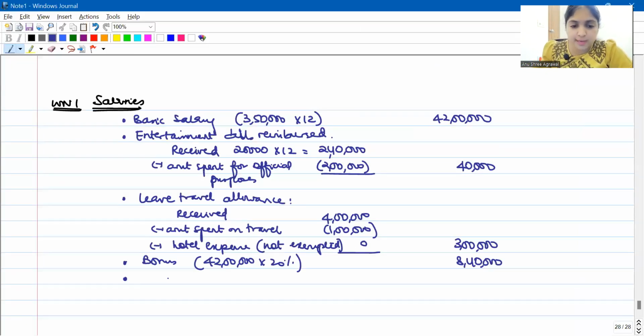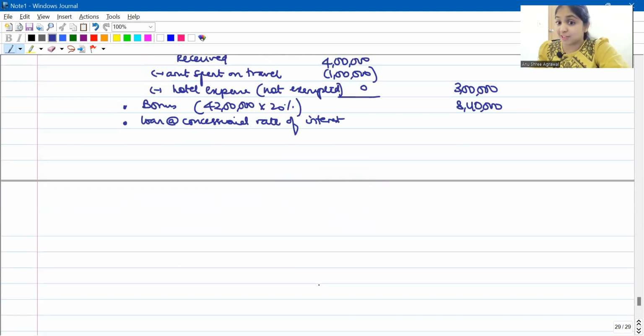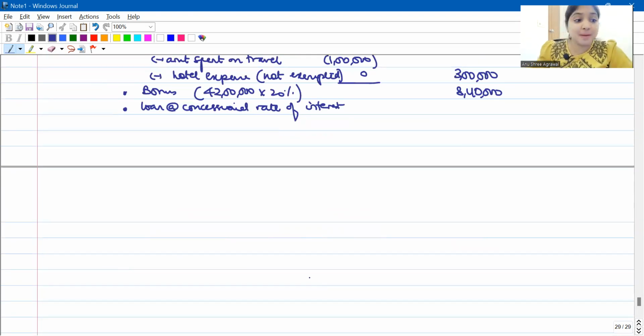So write down over here the next point. Loan at concessional rate of interest. See, the loan is not the benefit. The concessional interest, that is a benefit. So how much concession are you enjoying? 15 lakhs loan you took, okay. 5.5% concession you are enjoying. How did you get that 5.5%?